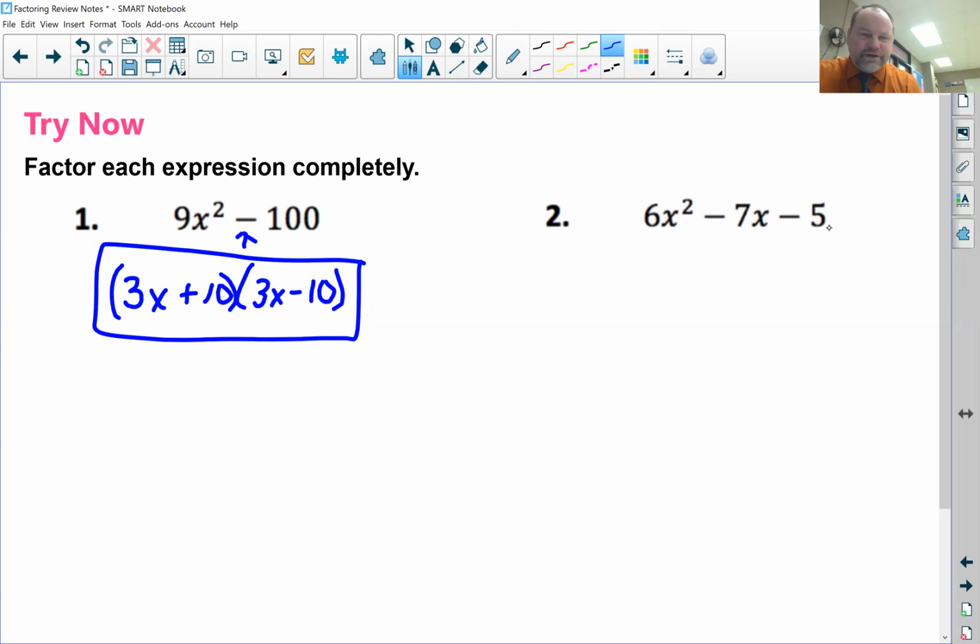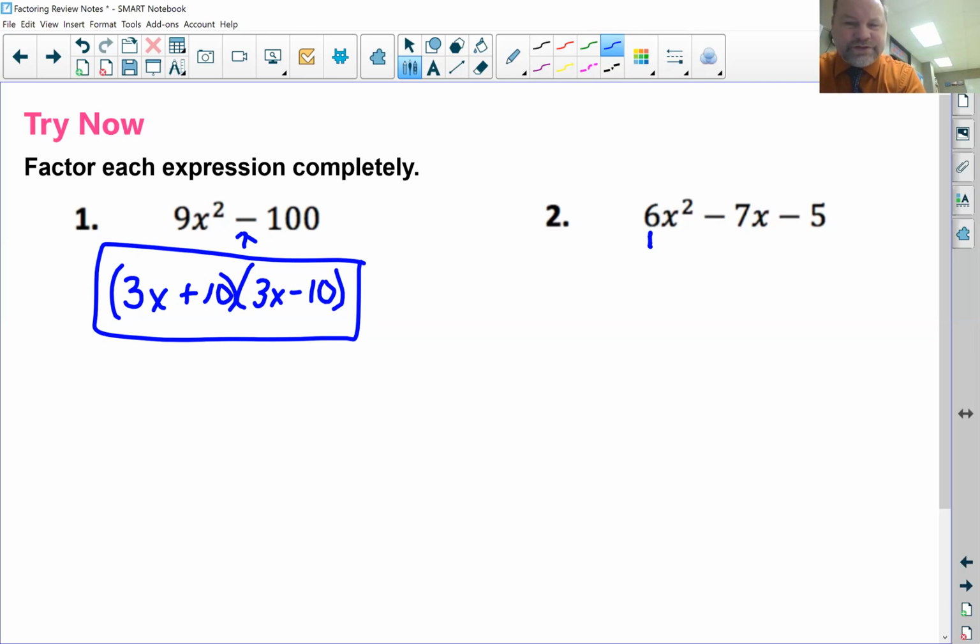The second one, is there a greatest common factor? And I guess I should have checked for the first one, but there wasn't a greatest common factor. 6 is evenly divisible by 2, 3, and 6, but neither of the other two numbers are divisible by 2, 3, or 6.